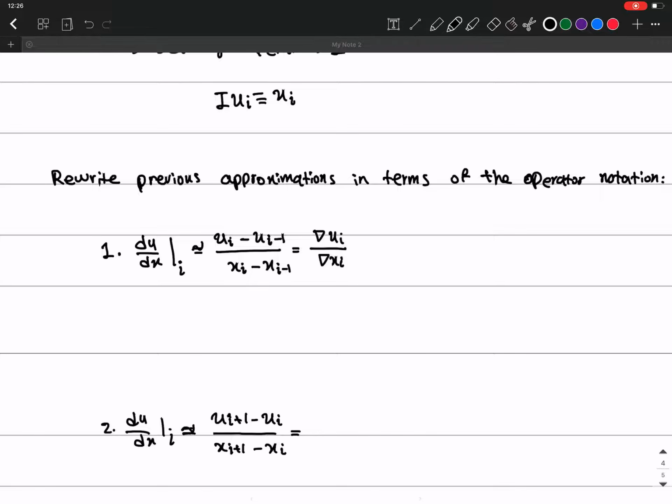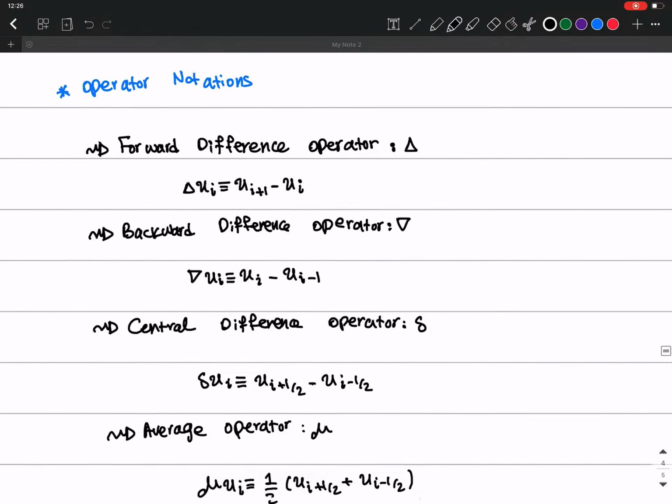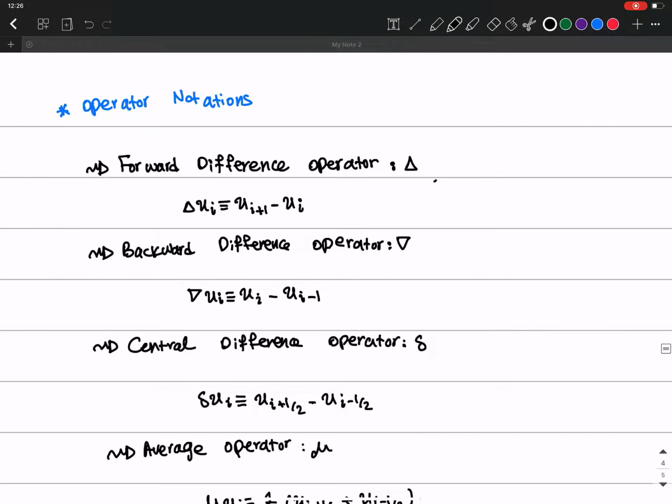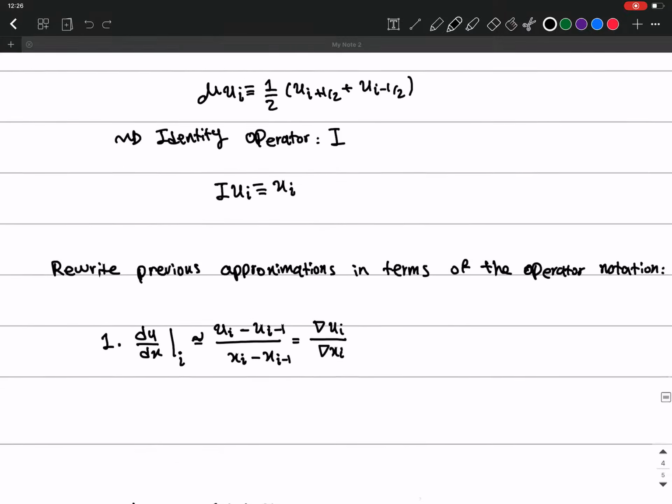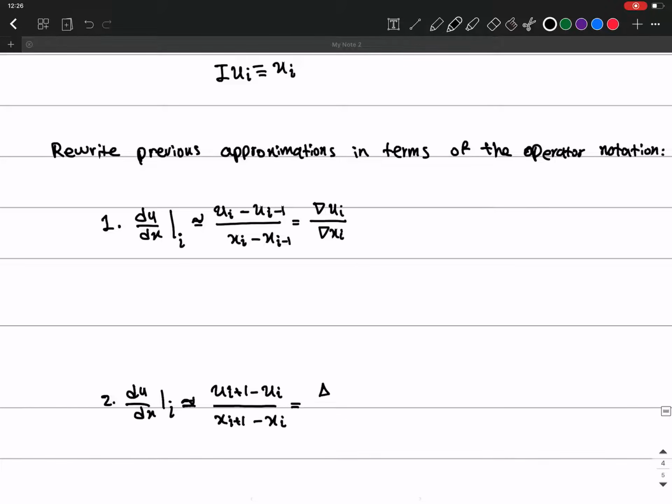This is a forward difference, so I'm going to show it as delta ui over delta xi.